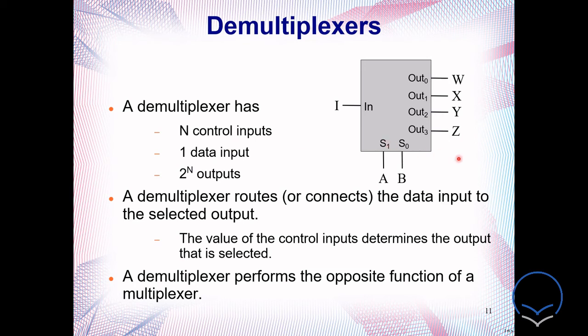So that means, just look here. We have 2 control inputs. So 2 control means 2 to the power n, 2 to the power 2, so 4 outputs, and we have 1 data input.